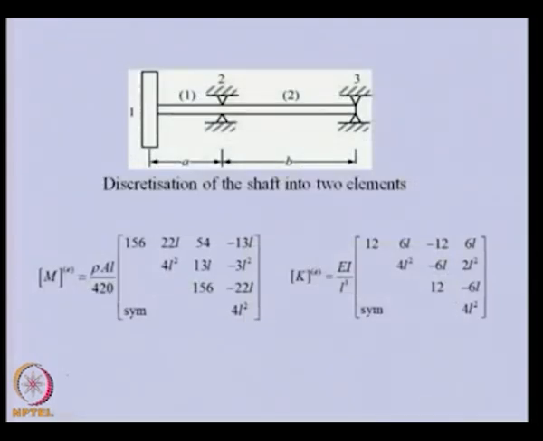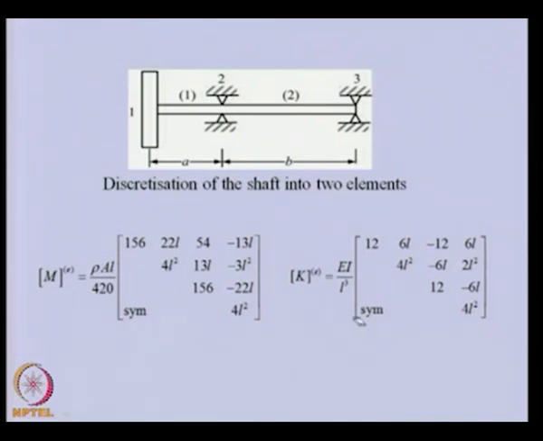So in this particular case, again for simplicity, we are dividing into 2 elements. So this is one element, and this is the second element. Correspondingly, we have 3 nodes, and now we are writing the elemental equation for element 1 and element 2. So this is a standard mass matrix and stiffness matrix for the Euler-Bernoulli beam element.